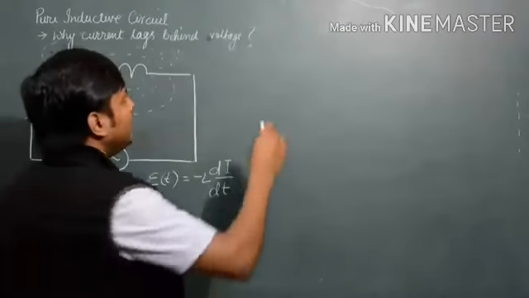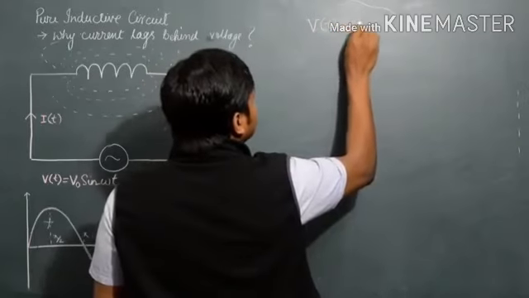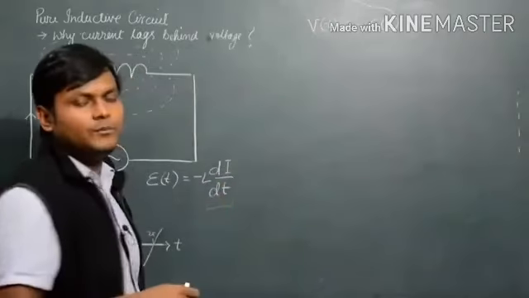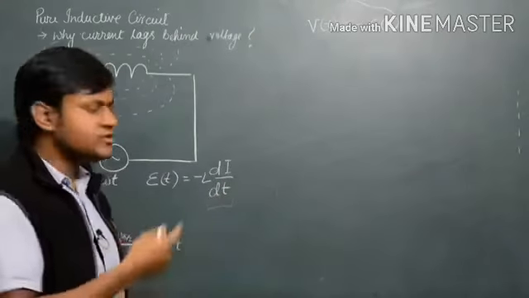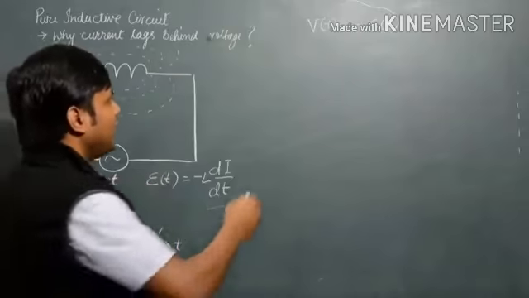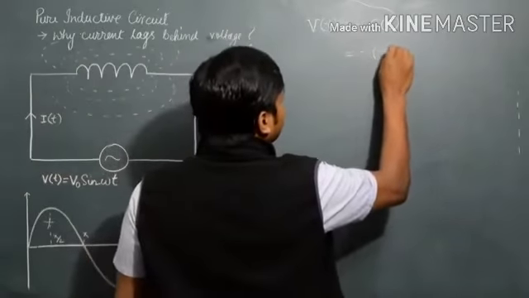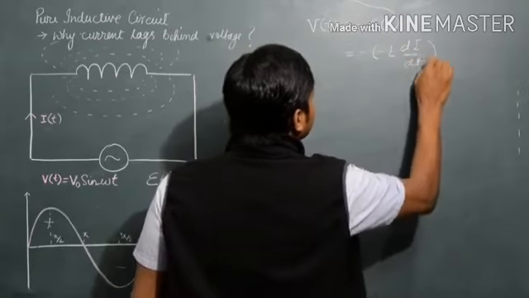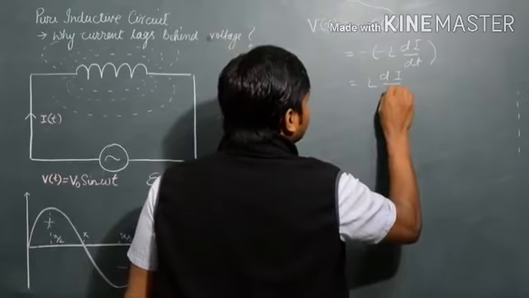So we can write that V(t) is equal to negative of E(t). V is the voltage source and E is the secondary voltage induced inside the inductor. If I write this expression, it becomes minus L di/dt, which becomes L di/dt.